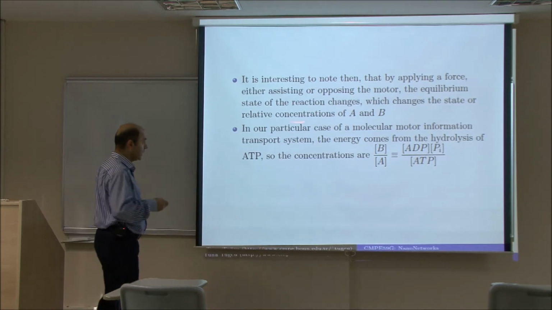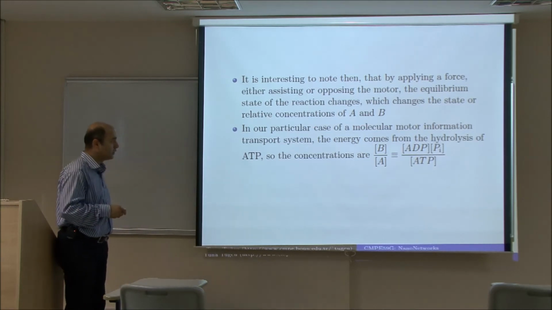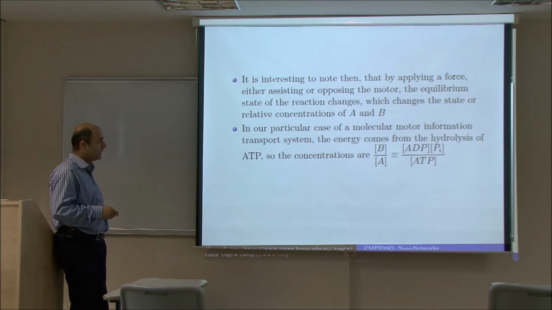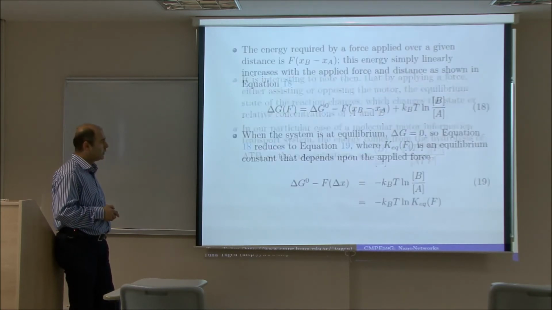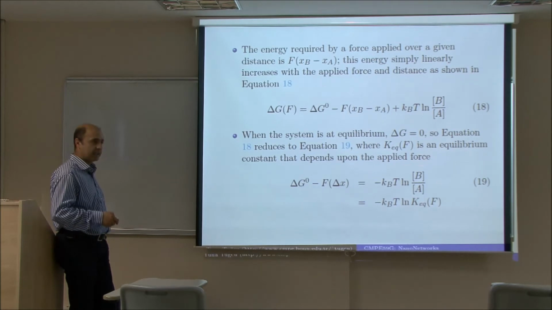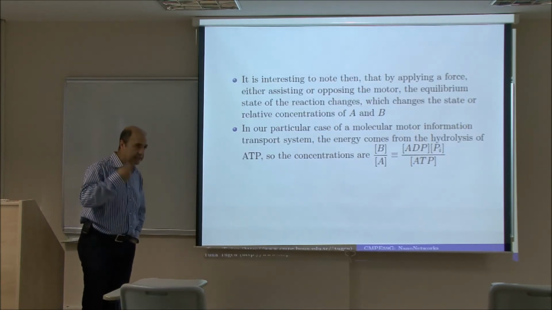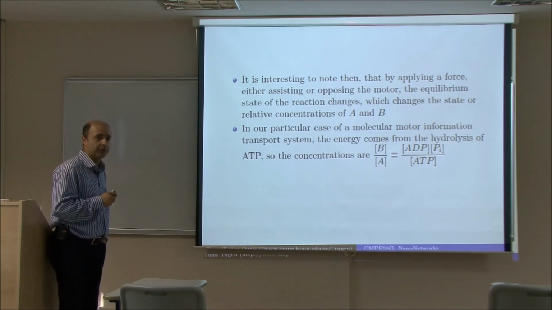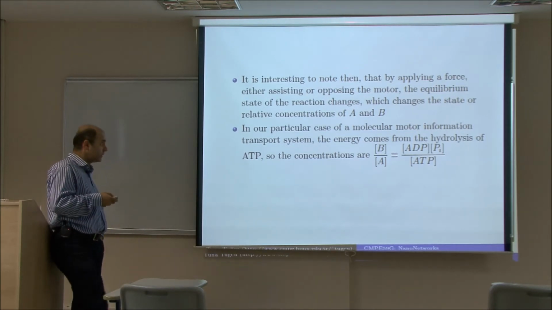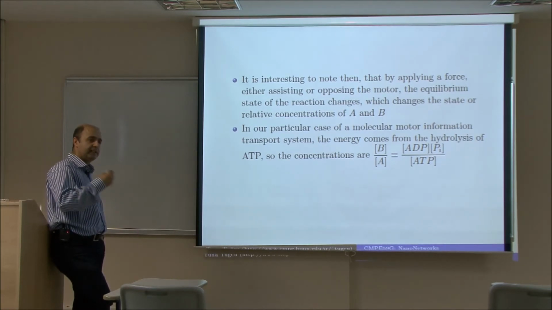In our particular case of a molecular motor system, the energy comes from the hydrolysis of ATP. So here we said we're talking about a reaction from A to B. Now in the specific case of the molecular motor movement, the reaction we're talking about is hydrolysis of ATP, which means ATP is converted to ADP and the phosphate ion.